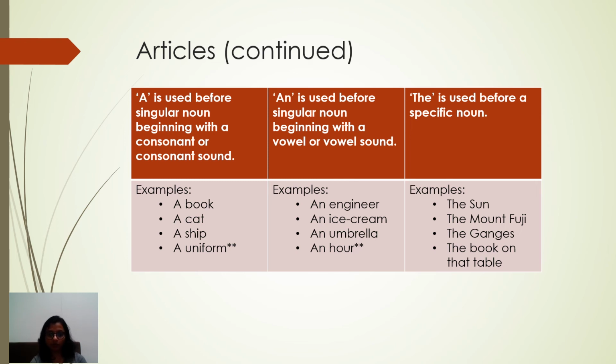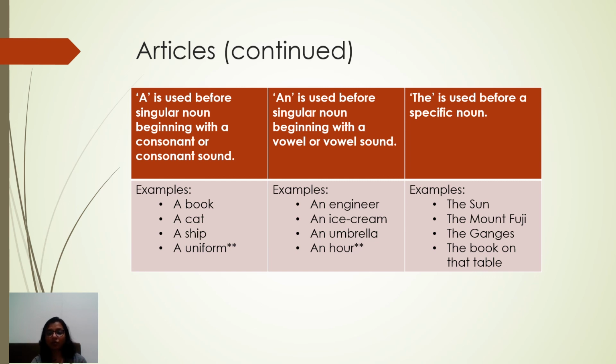Now all of these words, book, cat and ship, these begin with the consonant and hence we use a. The last one, a uniform. This is an exception because you know that U is a vowel, but still we are using a here because U comes out as a consonant sound and hence we use a.